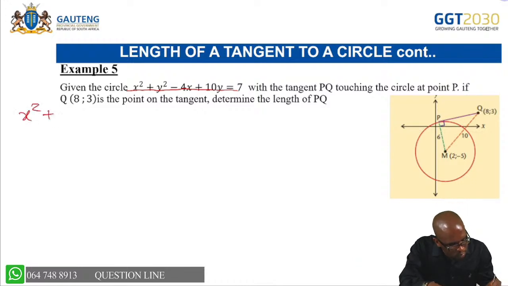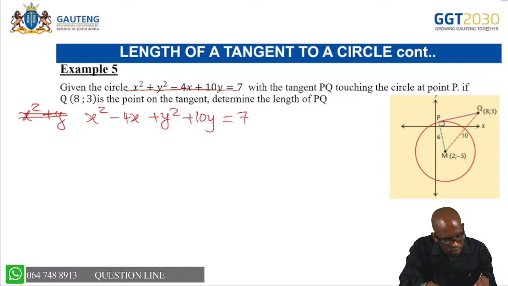Now, if we write down this equation in standard form, then it follows that x squared plus y squared, right? If we want to write it in standard form, we have to group the x's on their own. x squared minus 4x plus y squared plus 10y is equal to 7. Already the constant has been moved for us to the right-hand side. So we complete the square for x.